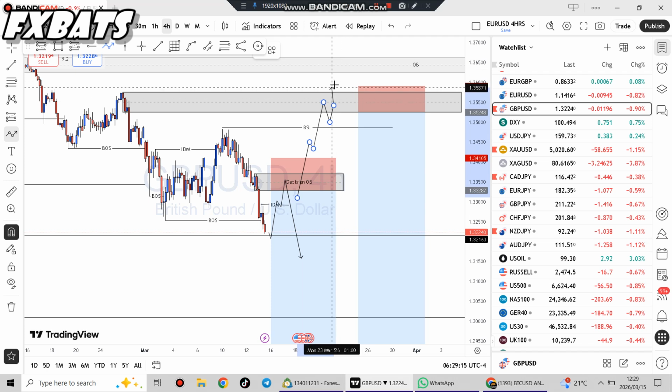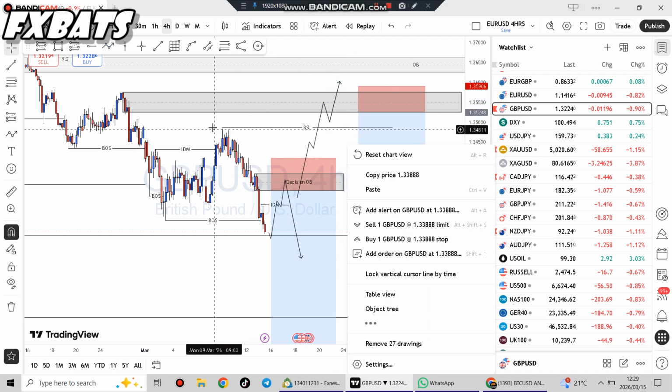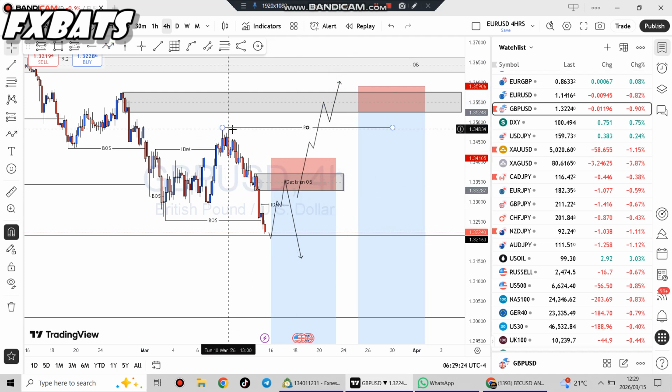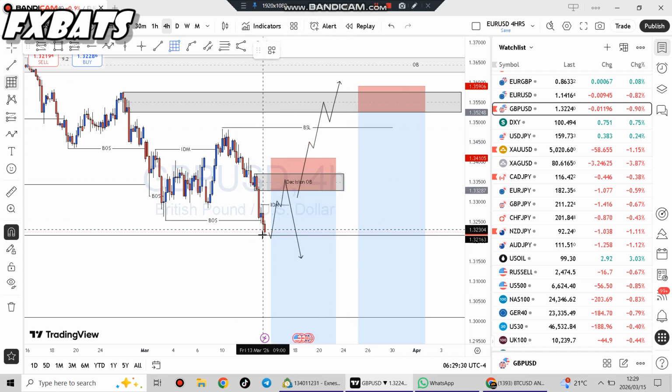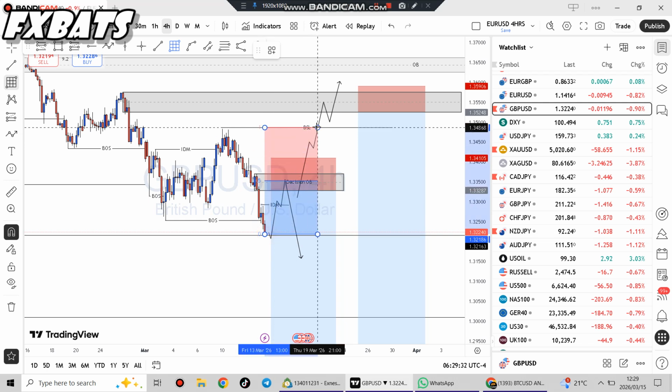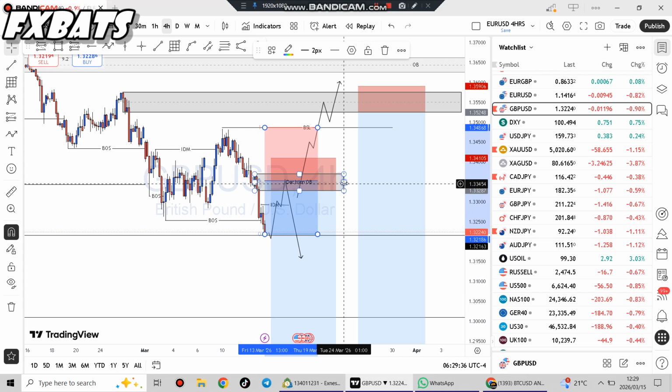But what I think is that the best supply to choose is the one which lies within the area of premium. When you put your Fibonacci, like this is a gun box, I would put it here. So this supply is within the area of the 50% and more, normally 50%.